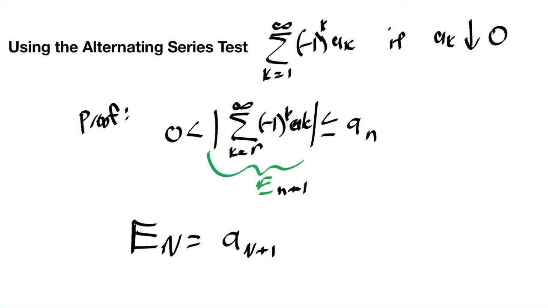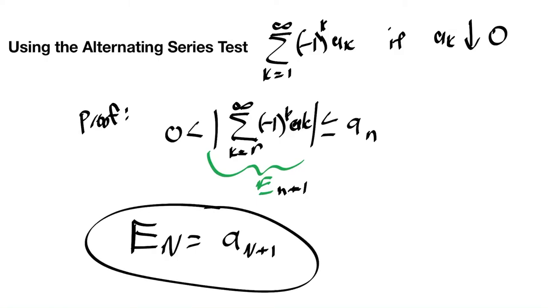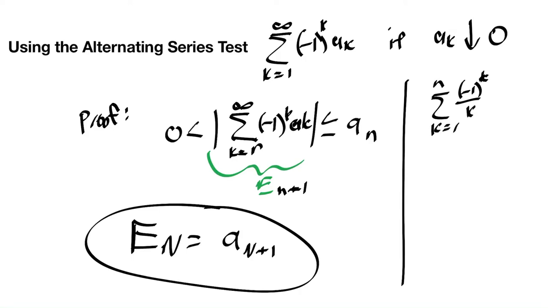It's just whatever that next term is in my sequence. So for example, if I'm looking at the sum that we talked about a lot, negative 1 to the k over k, as k goes from 1 to n, well, maybe I want to add a whole bunch of these up.